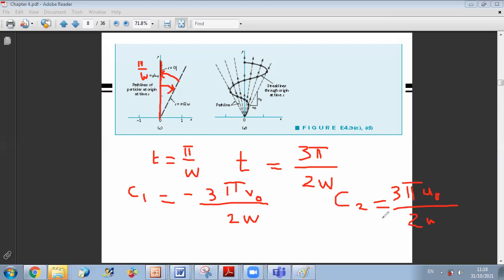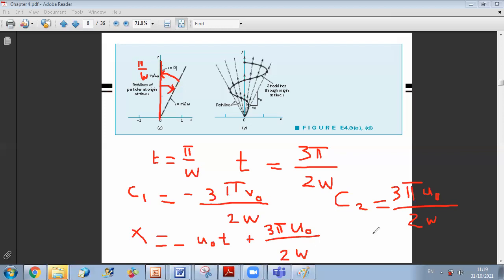And when you replace these constants in the expression of x and y, you will have that x is minus u0 t plus 3 pi u0 over 2 omega.